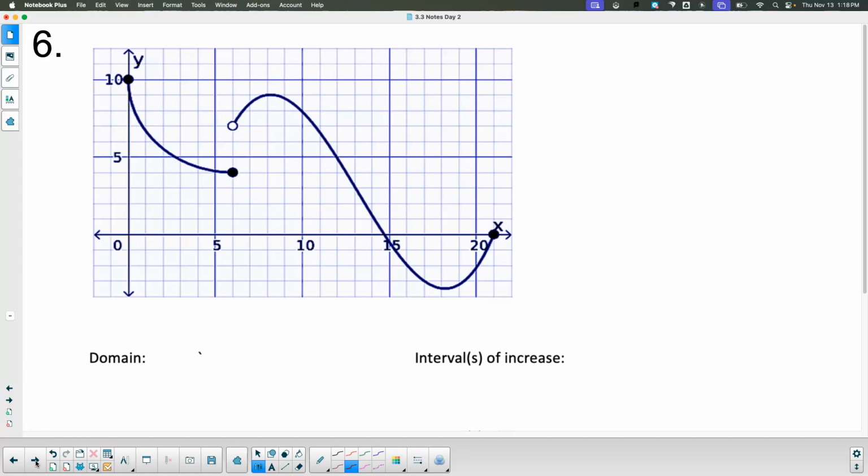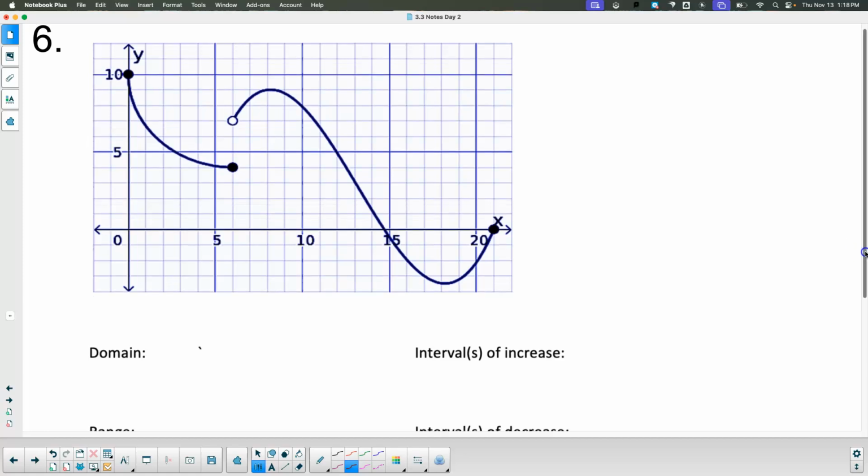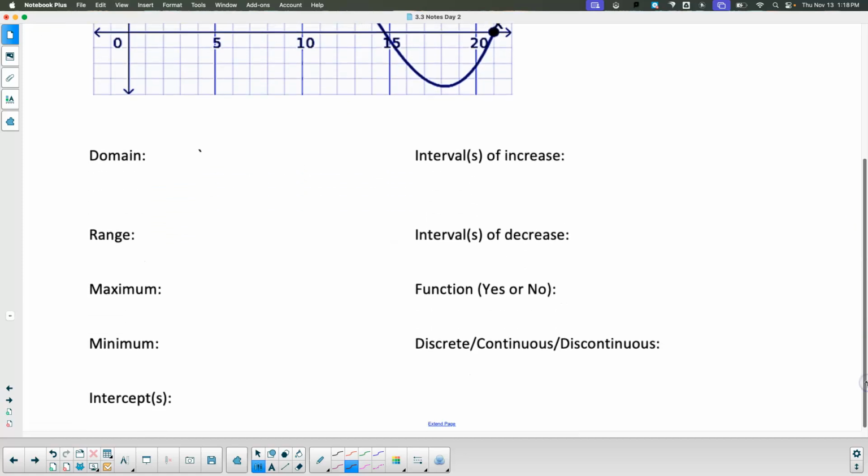Here, I have to lift up to jump up to this one, and then I continue on. That's a discontinuous function, which I think is one of our questions. Yep. So this is a discontinuous function.